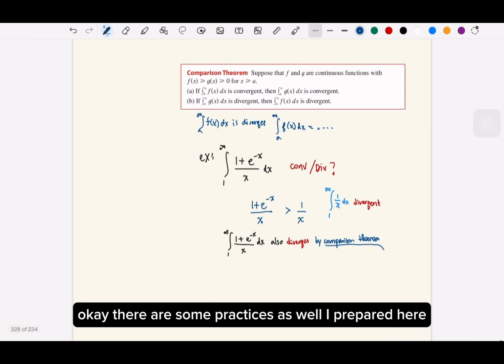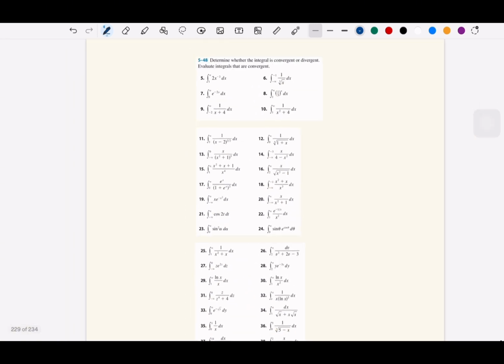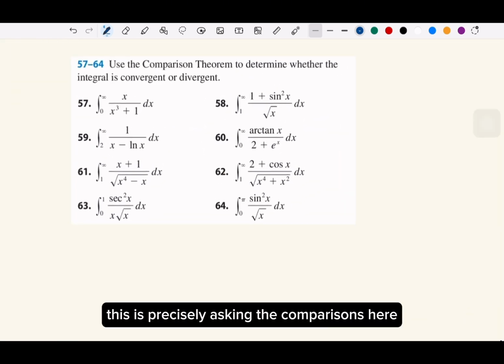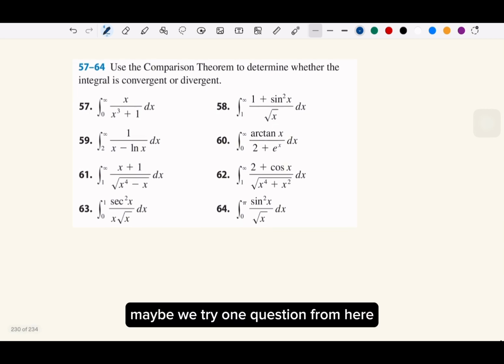Okay, there are some practice problems as well that I prepared here. And also here, this is precisely asking for the comparison theorem. Maybe we try one question from here, and then I forgot to mention one note, but I think that will be for the last one. So maybe one question from here.